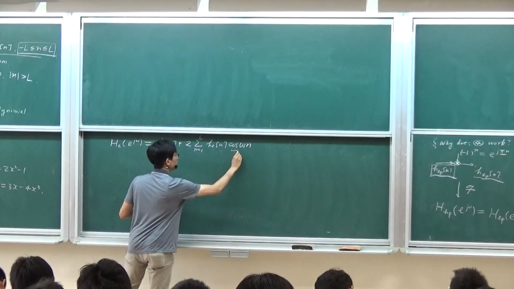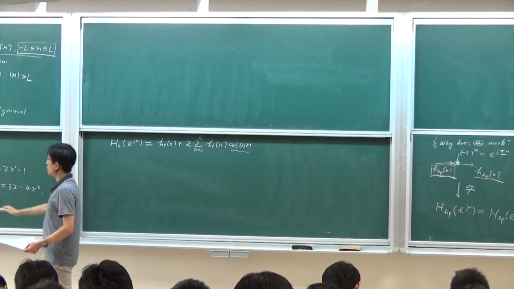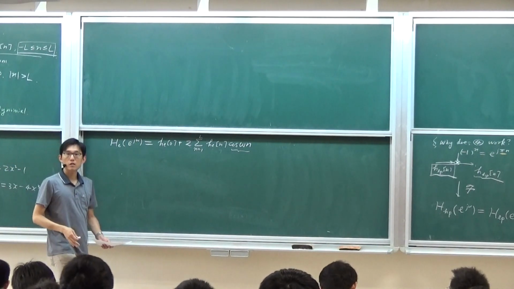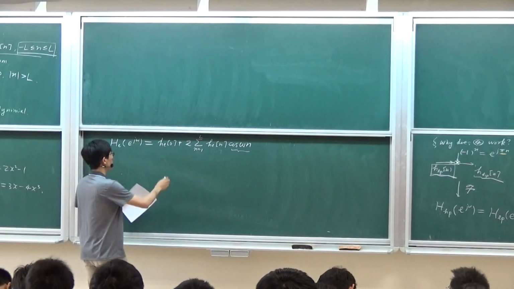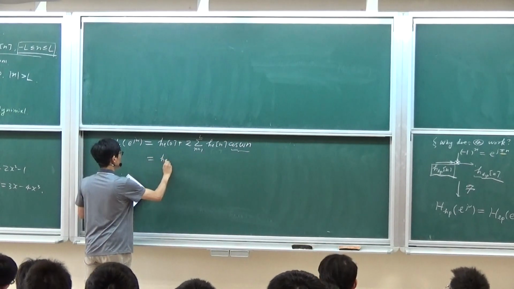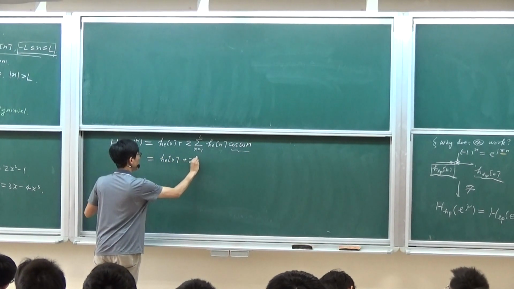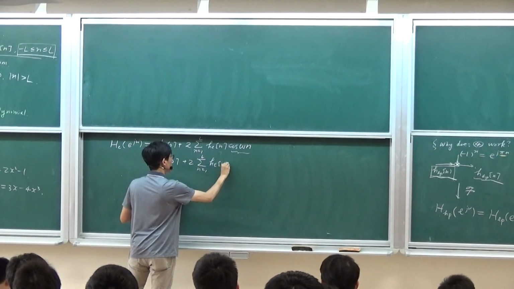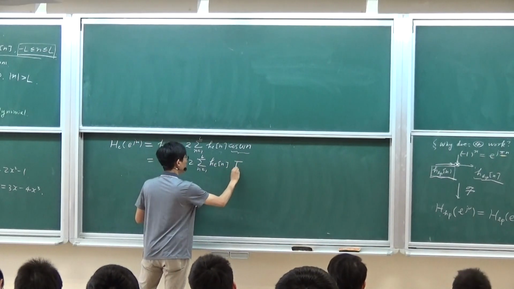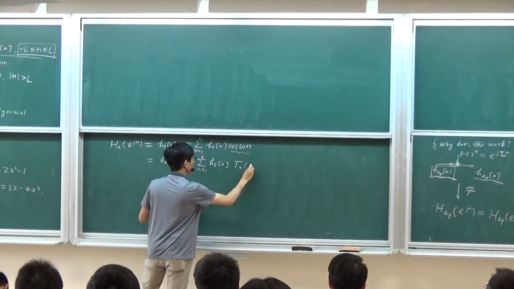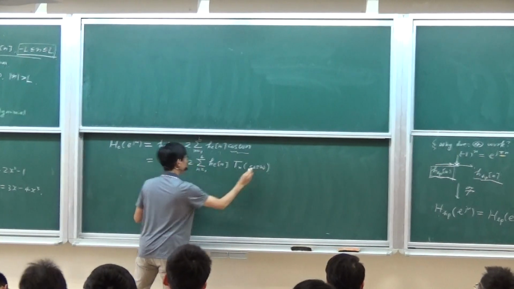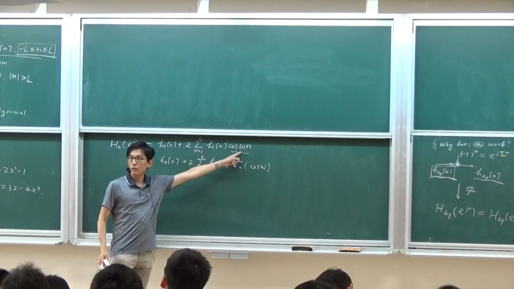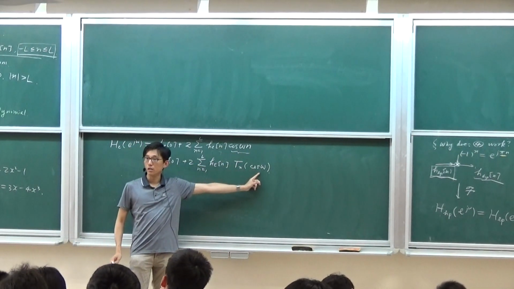But now cosine omega n is a Chebyshev polynomial taken at x equal to cosine omega. So cosine n times omega is going to be T of cosine omega, right? We can expand cosine n times the frequency into a polynomial of cosine omega.